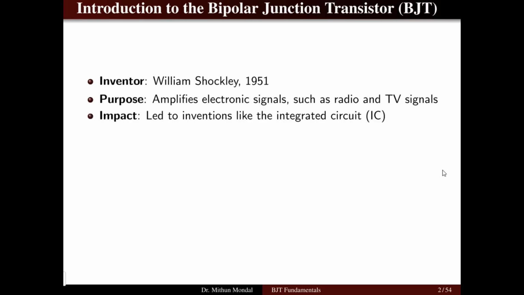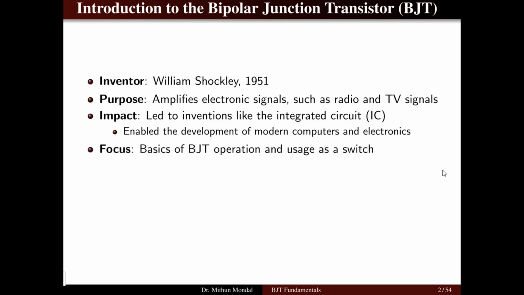It has led to an impact on inventions in the field of integrated circuits. So the BJT is basically the prime and the most important device used in integrated circuits. This has led to the development of all modern computers and electronics.